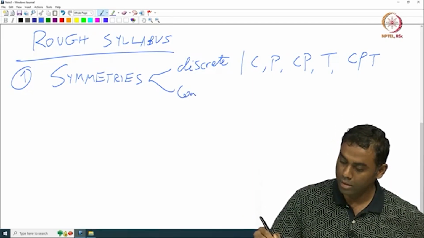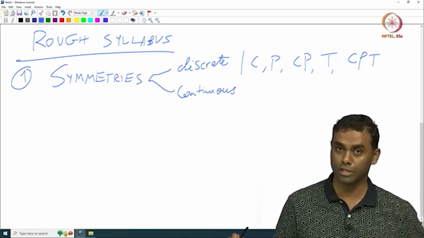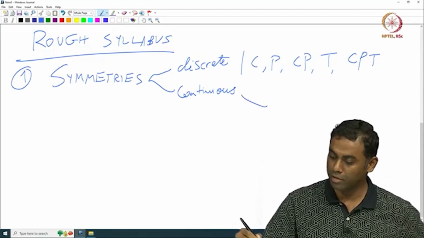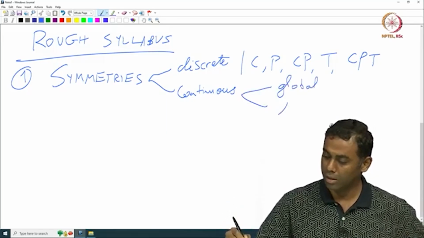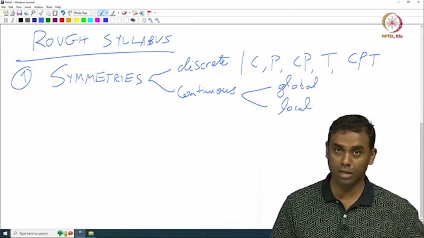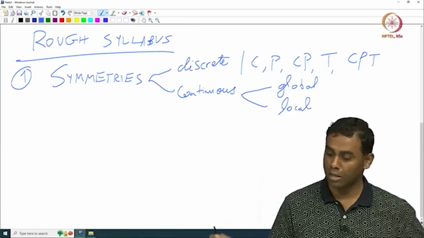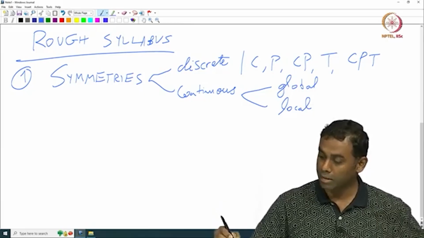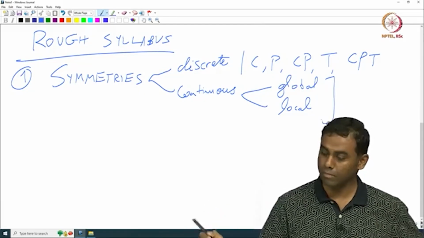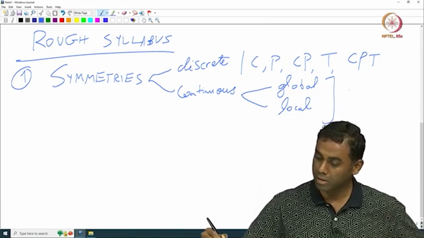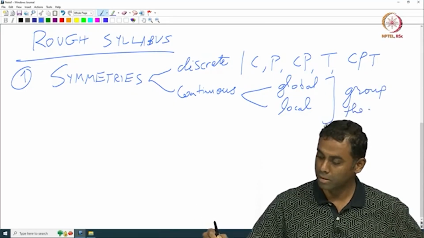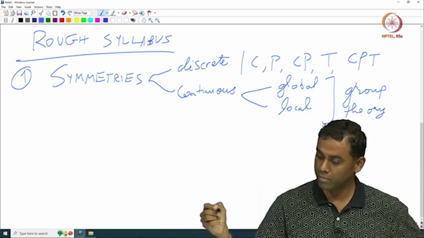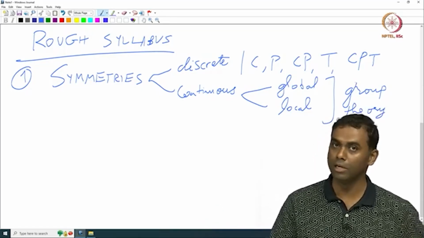And we will also get an introduction to continuous symmetries, which you can further divide into global and local symmetries that underlie the world. And this is where we will also encounter group theory, which I will introduce. All right. So, group theory with various abelian, non-abelian groups and so on.